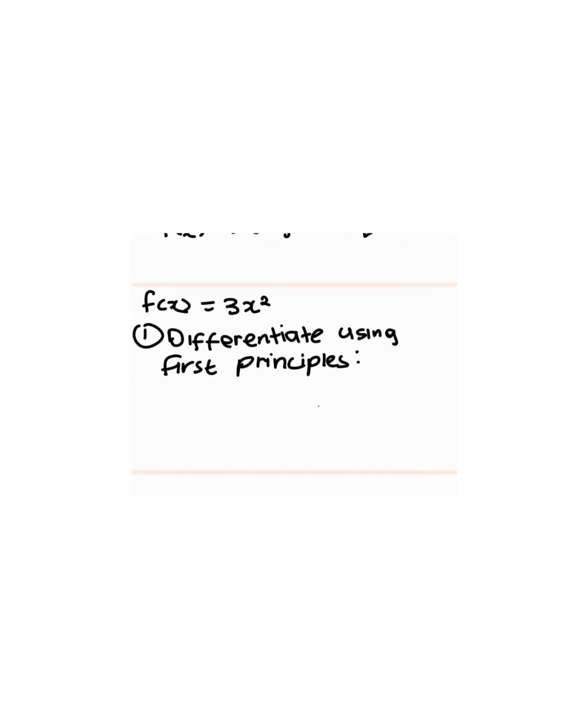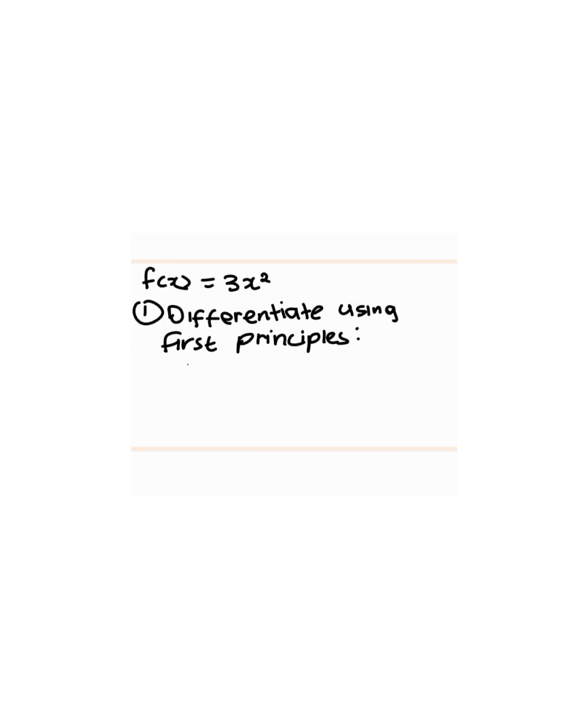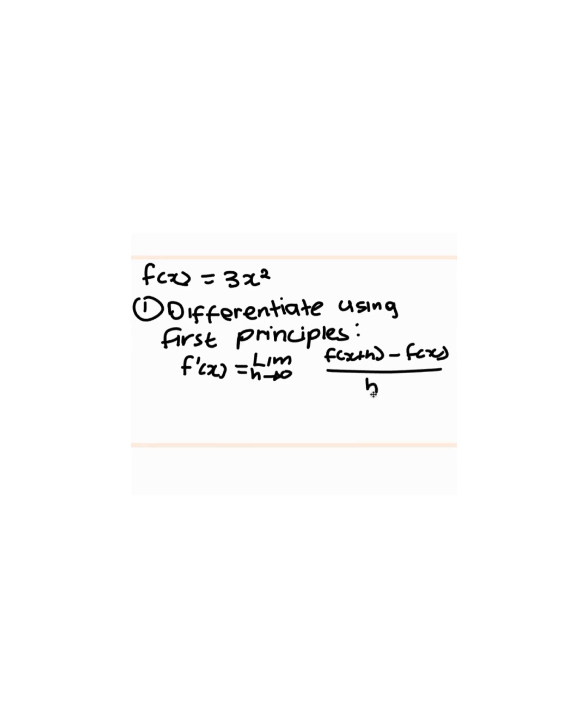So we know from first principles that f prime x is equal to the limit as h becomes 0, where you have f at x plus h minus f at x divided by h.